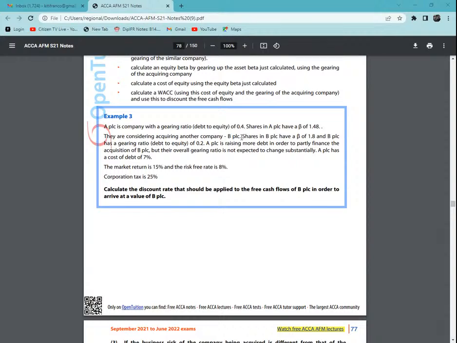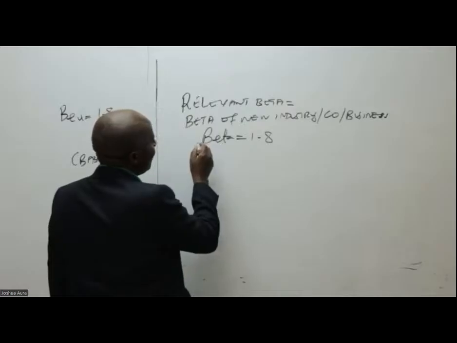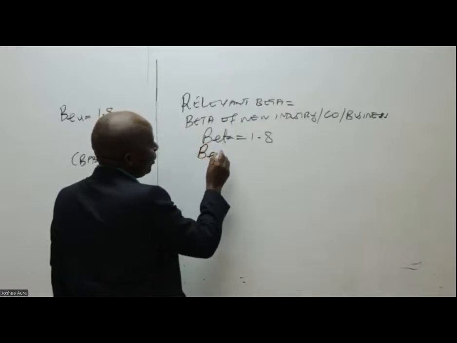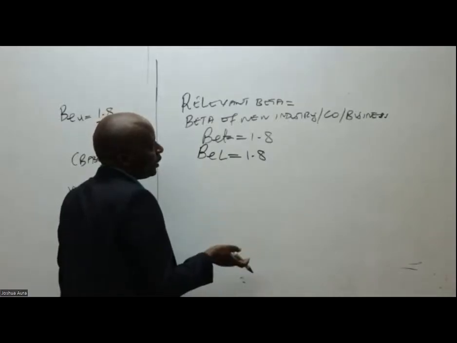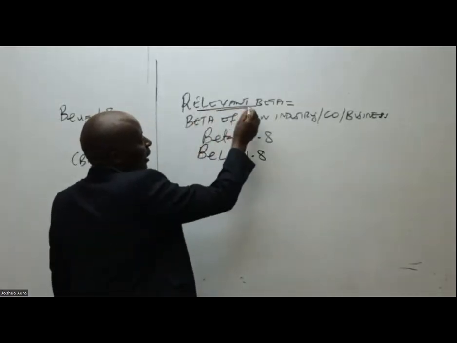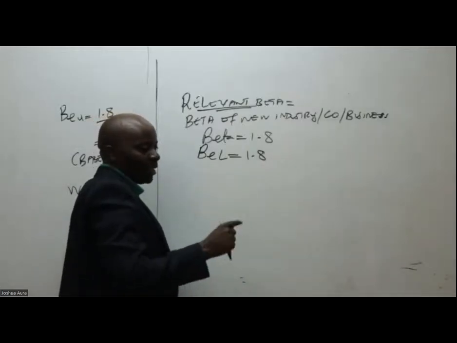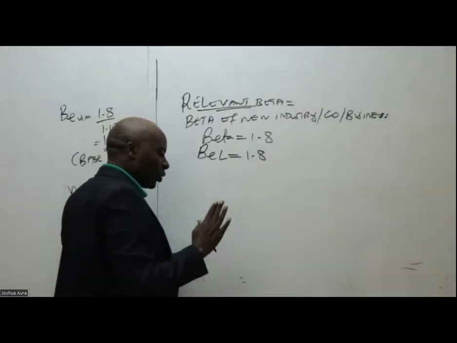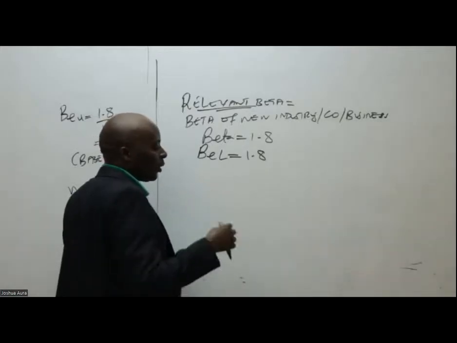And if it's a levered firm, ladies and gentlemen, then what I'll need to conclude here is that this beta is beta equity over a levered firm, which is 1.8. And the concept is very easy: this relevant beta has to be ungeared. So that now when this firm goes to this new industry, they'll decide later on to bring in debt and what percent.